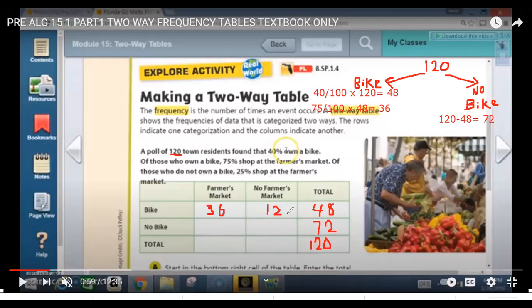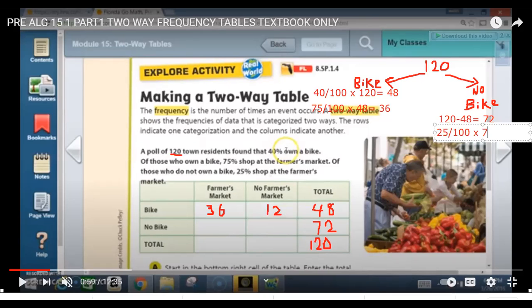Okay, here it is. After that, of those who don't own a bike, which number? 72. 25% shop at the farmer's market. So we have to calculate 25% out of how many? 72.